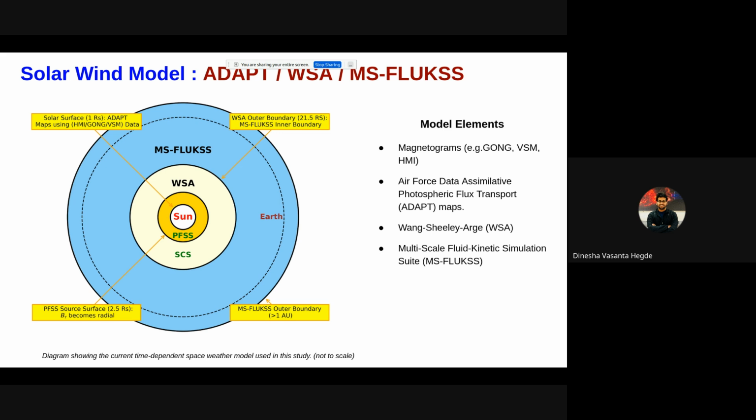Then MS-FLUKSS, which is an MHD model developed at UAH for multiple purposes. Basically, it was developed for outer heliospheric interstellar medium and solar wind interaction studies, but it has been used for inner heliospheric analysis for quite a long time now. So it is very efficient to run multiple ensembles. These are the overall architecture I'm using for the solar wind model.